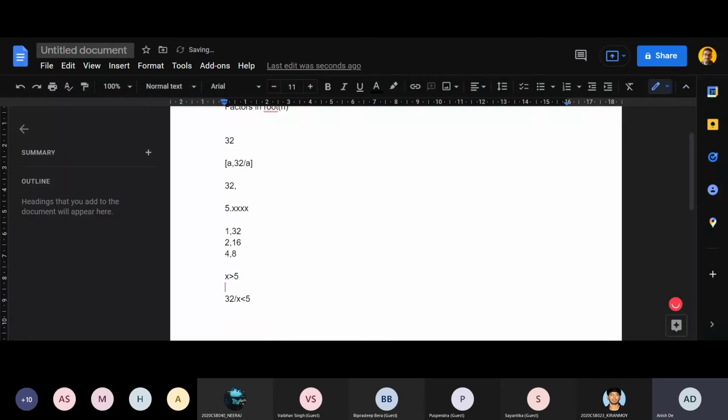Till this, is it clear? So if x is greater than 5, what I'm trying to say is that if one factor is greater than root of n, the other factor will be less than root of n, right?